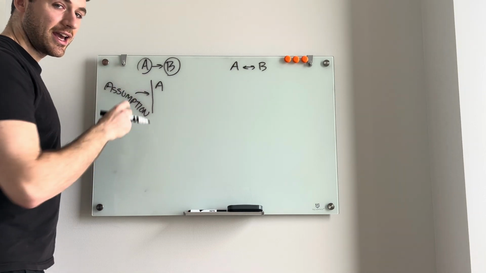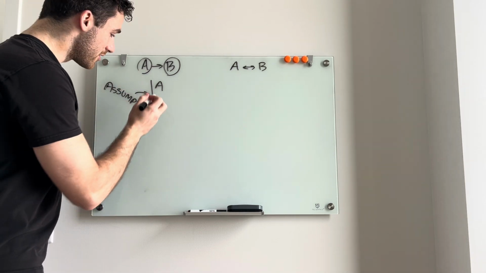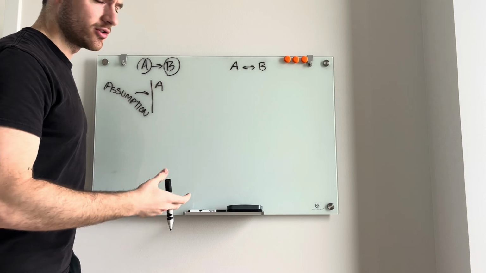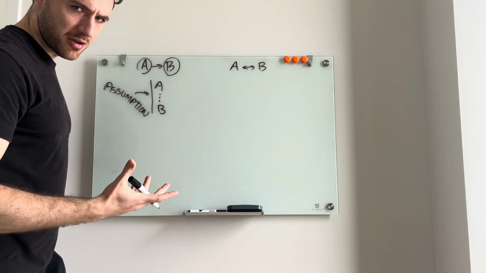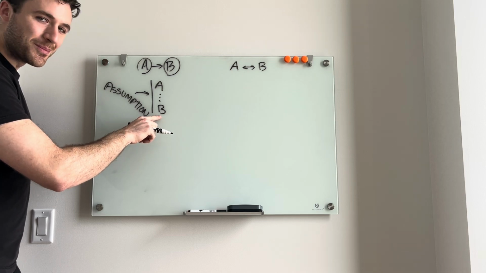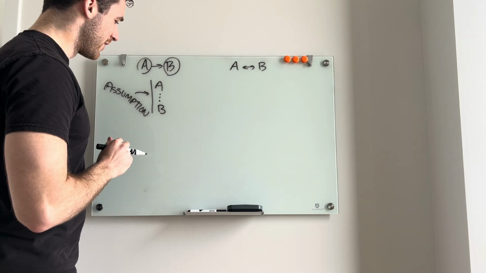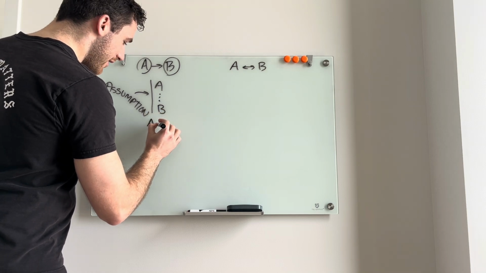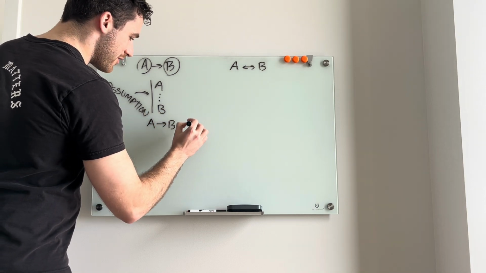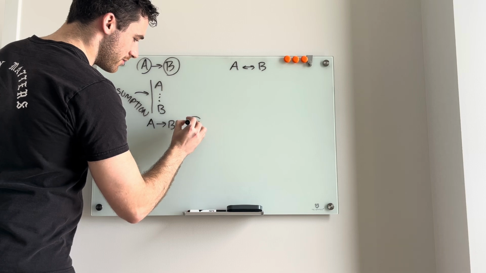Okay, you say, hey, suppose A. You start an assumption saying, suppose A is true. You do a couple steps, you use your rules that we used last time, and hopefully you get B somewhere down here in this subproof. Once you're finished with that, you can exit the subproof and write A implies B by this rule, arrow introduction.